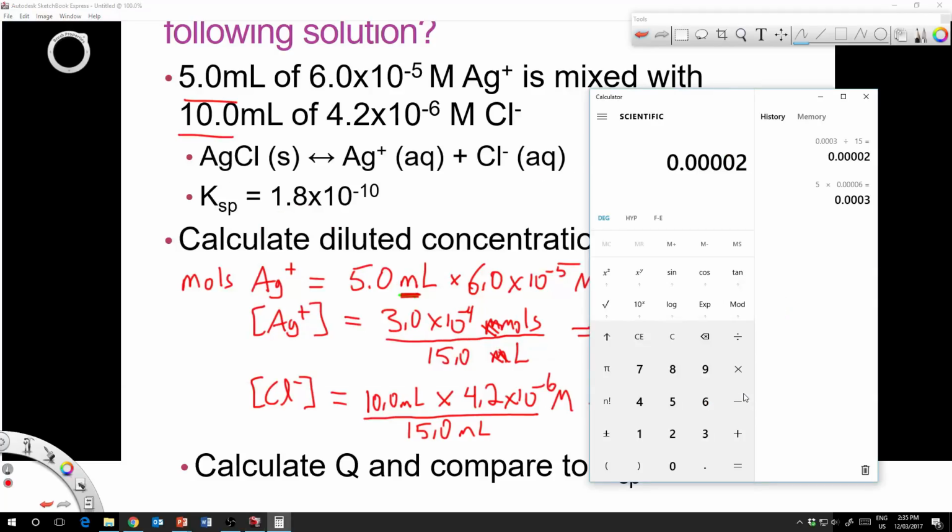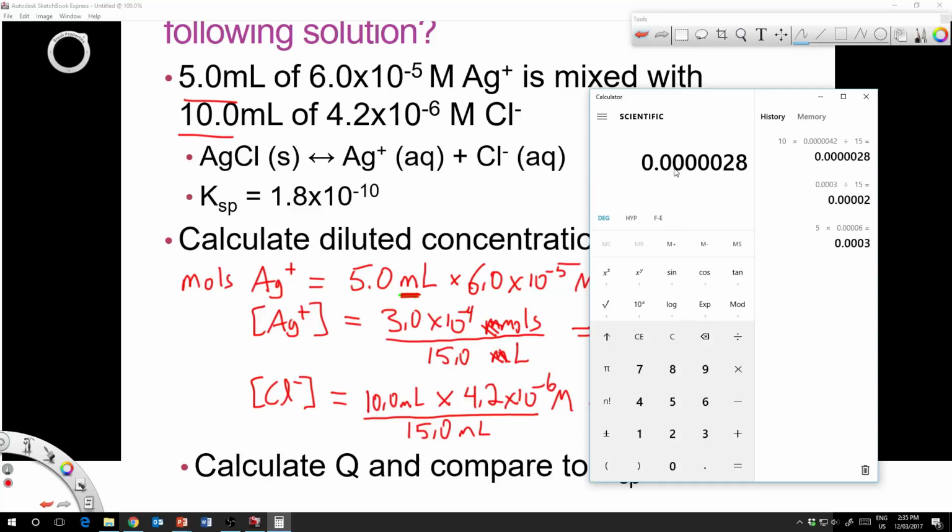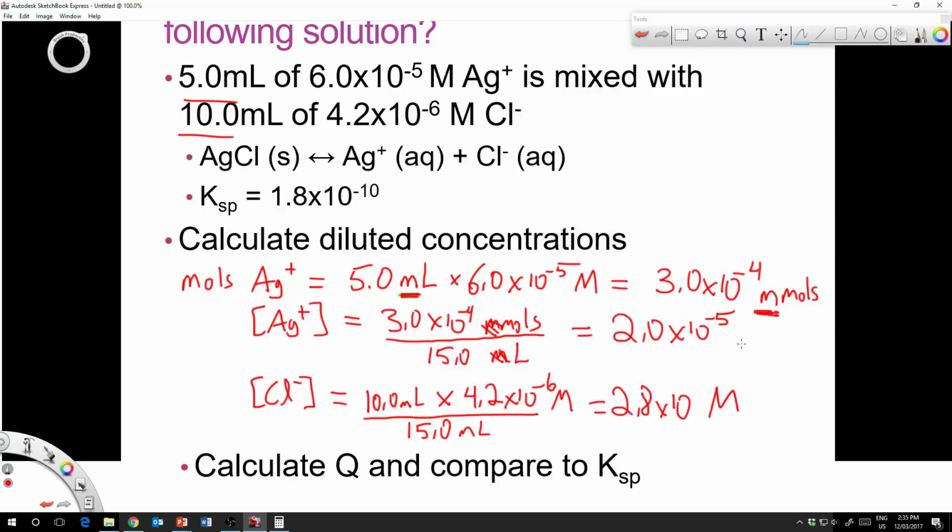So let's do that. 10 times 4.2 e negative 6 divided by 15, so that's 2.8 times 10 to the negative 6 molarity. All right, so there's my diluted concentrations when we mix these two solutions together.